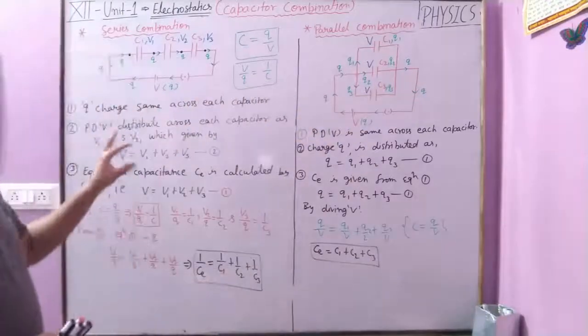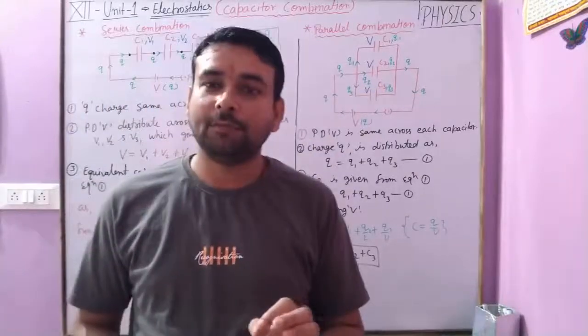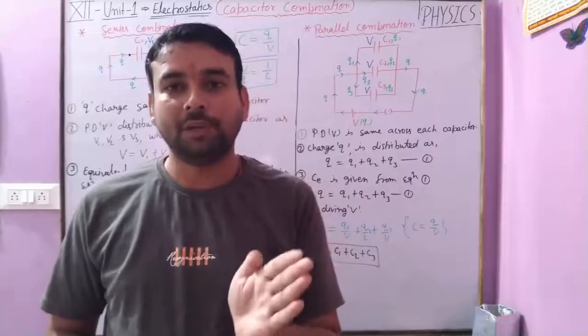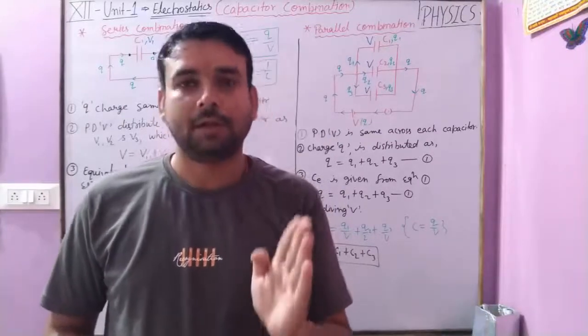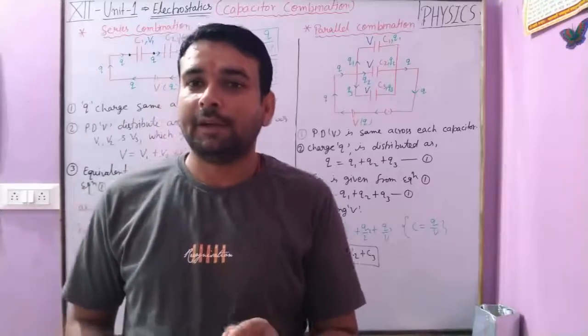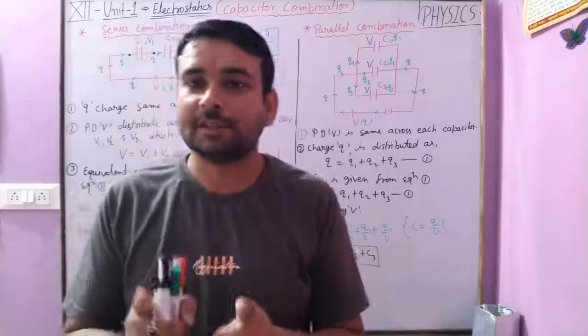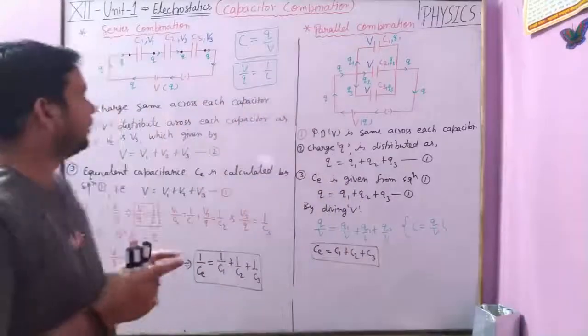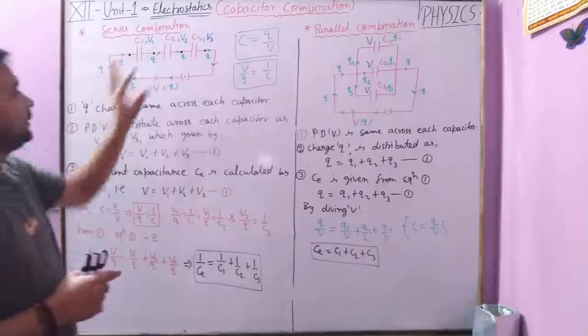A capacitor is said to be connected in series if two or many capacitors are connected one by one, and the first and last capacitor is connected across a battery, as shown in this figure.